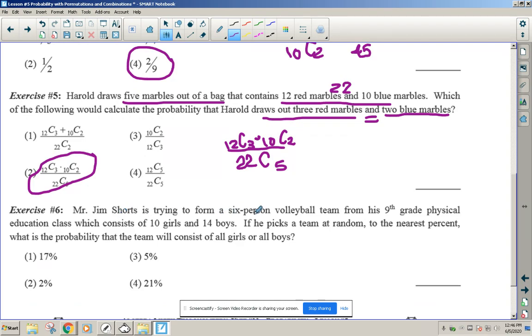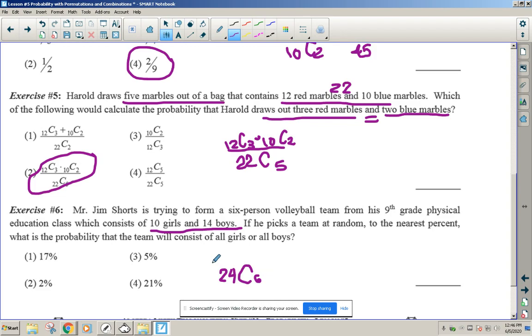Mr. Jim Shorts is trying to form a 6-person volleyball team from his 9th ed physical education class, which has 10 girls and 14 boys, so he's got 24 total in the class. And from these 24, he is going to form a 6-person team, so he's going to choose 6 to be on this team.